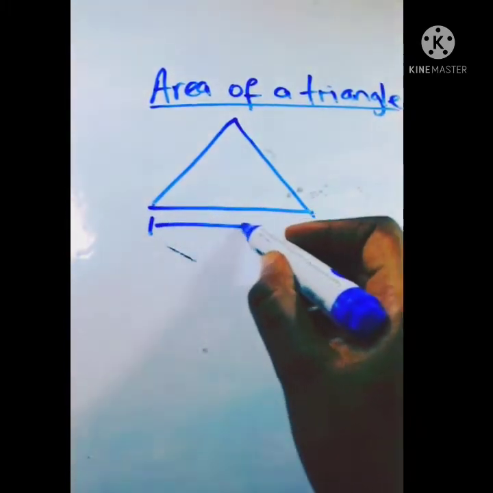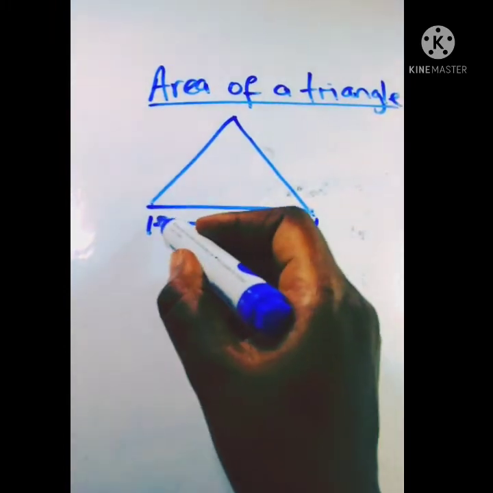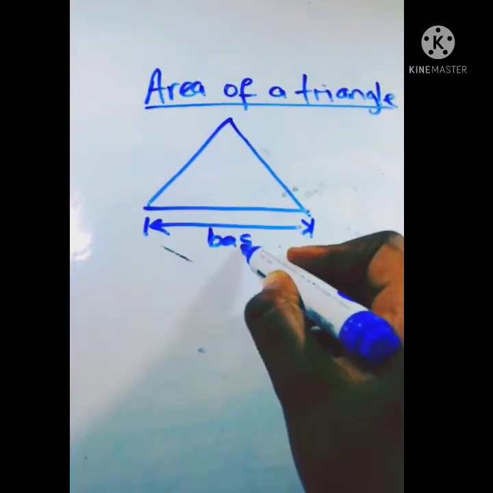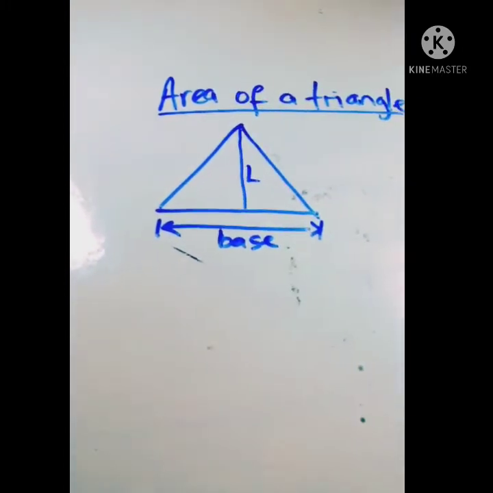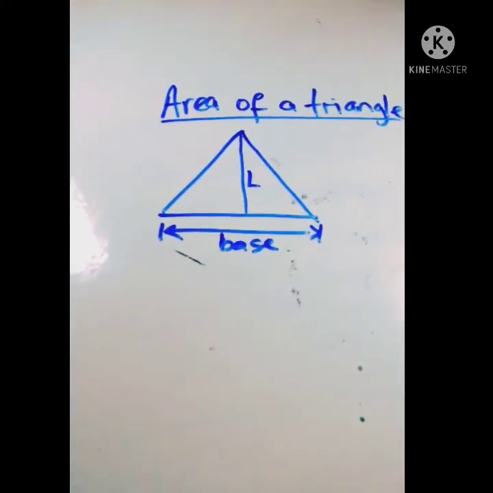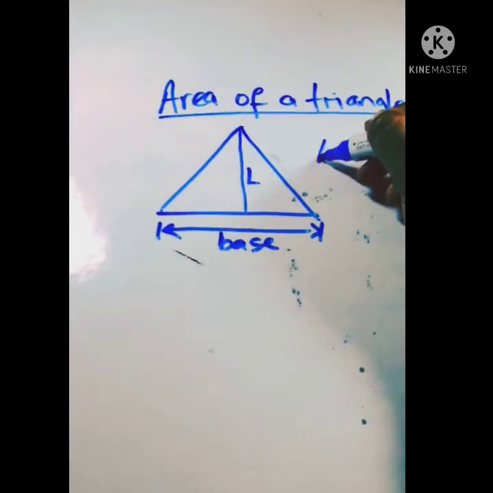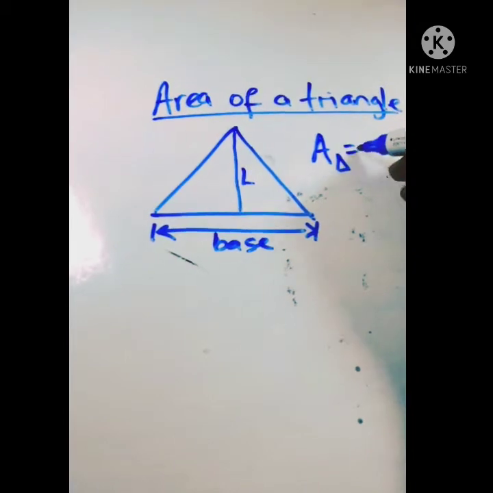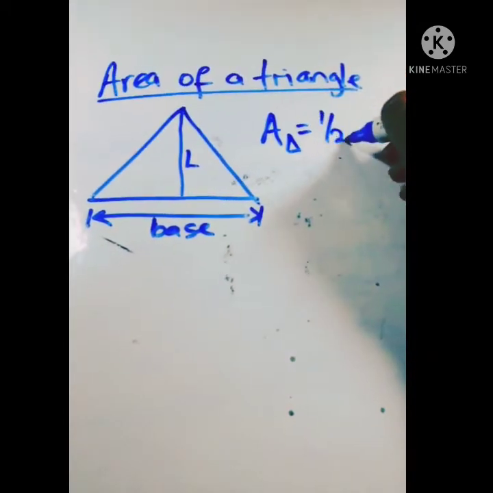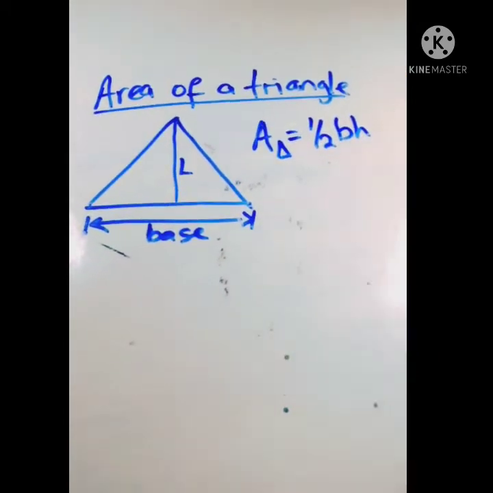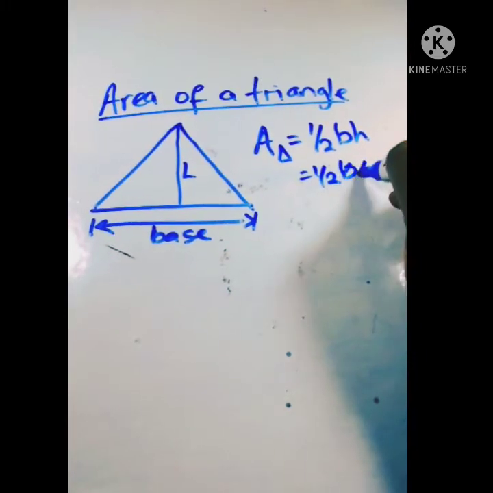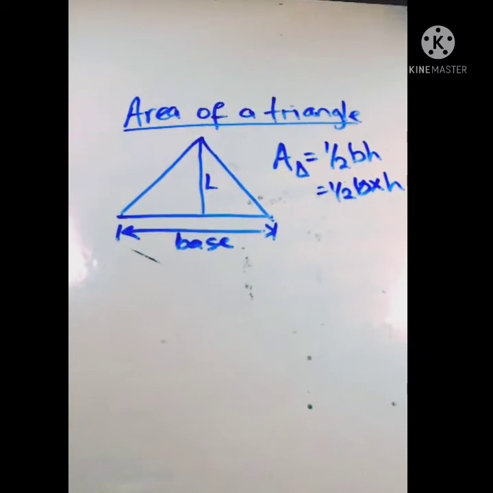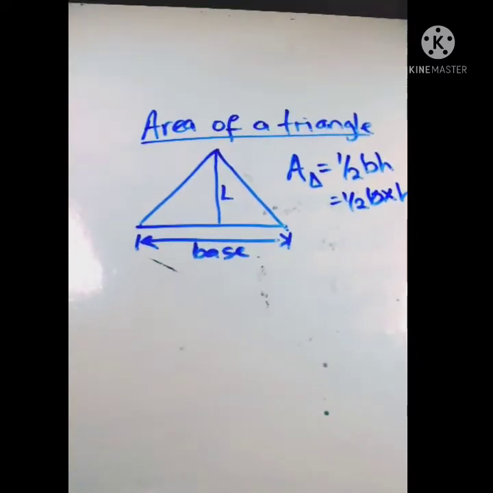This is the base of the triangle, and this is the height of the triangle. So the formula for finding the area of a triangle is half base times height.